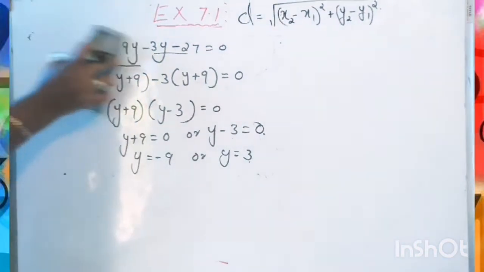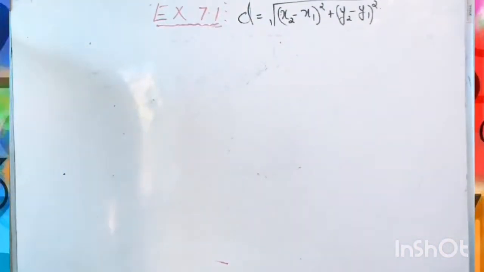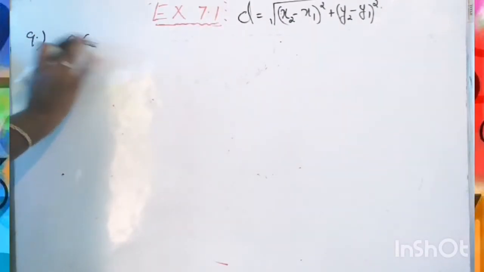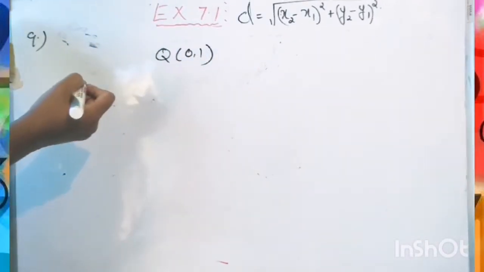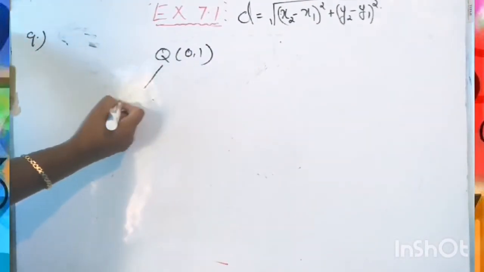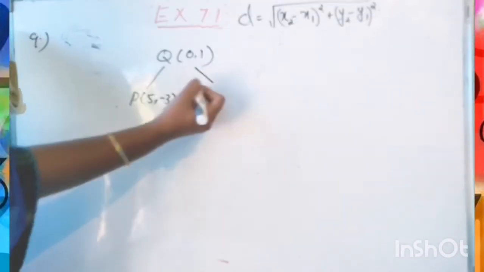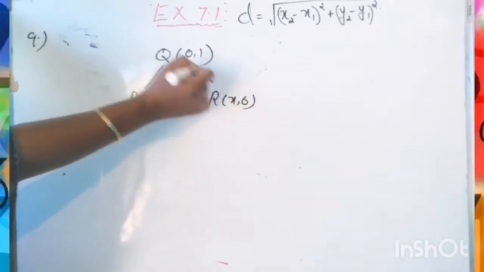Okay, so we need to find out the value of x. Q of (0, 1) is equidistant from P of (5, -3) and R of (x, 6). It is given in the question.